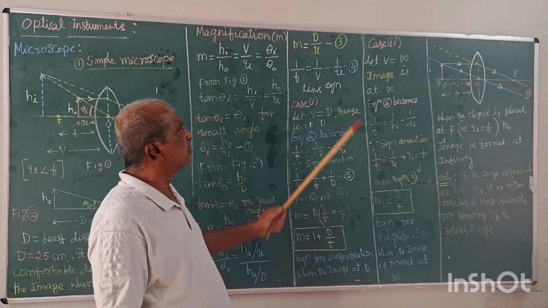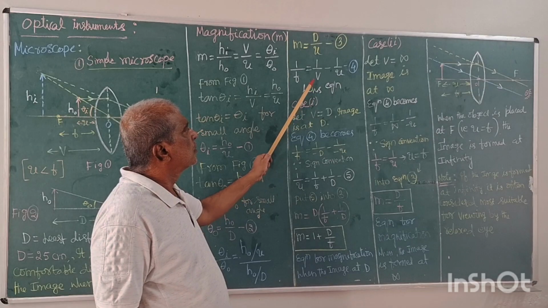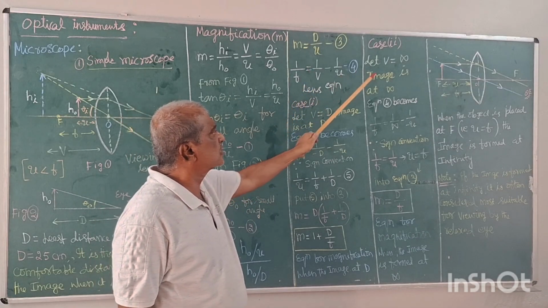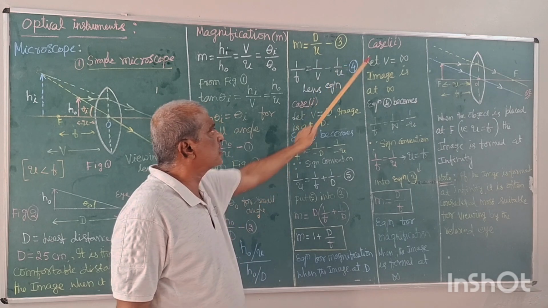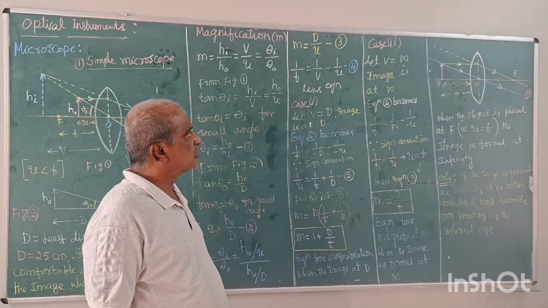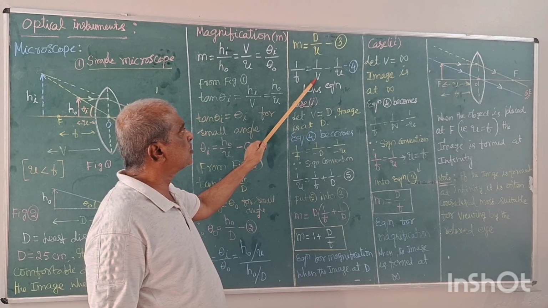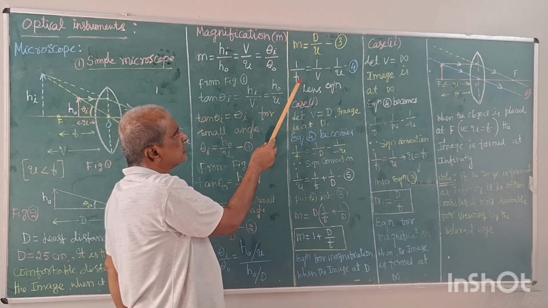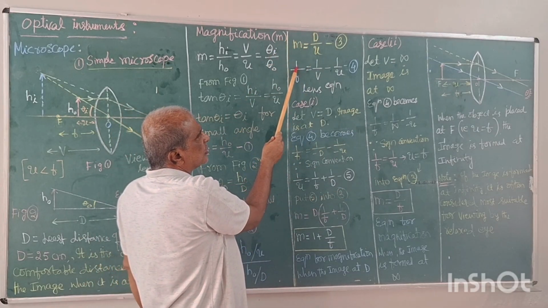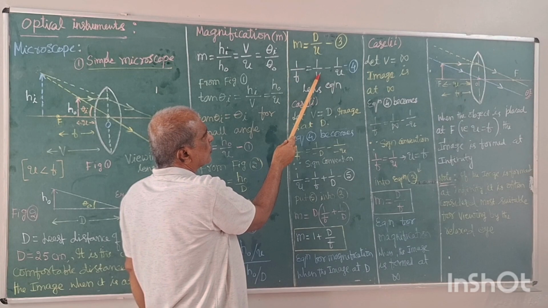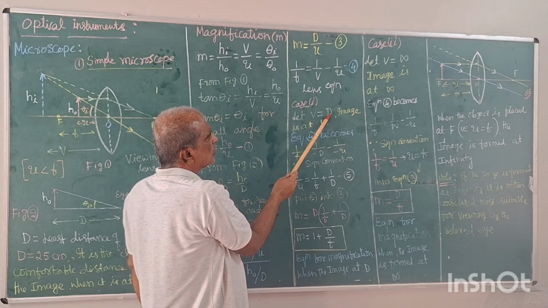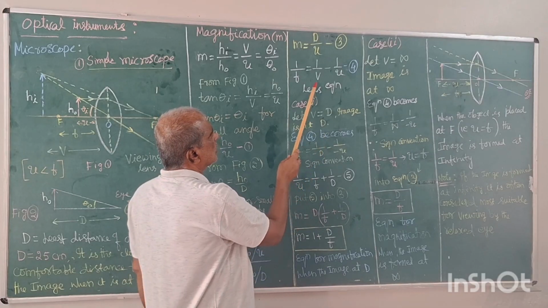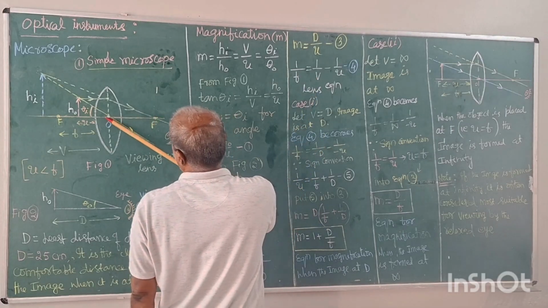Let us apply this condition to this equation. Case 1, case 2. And see what we get and substitute for u accordingly. Look at this. This is the lens equation, 1 by f. Put v equals d with the Cartesian sign convention. And v is always minus in this direction.